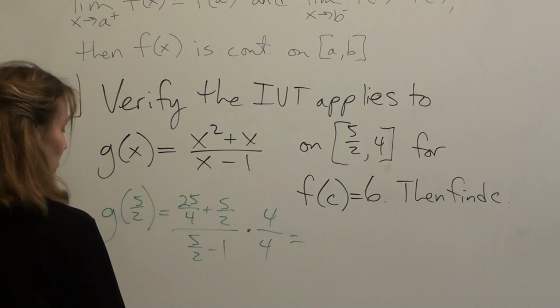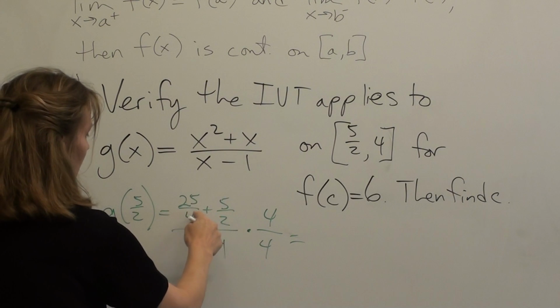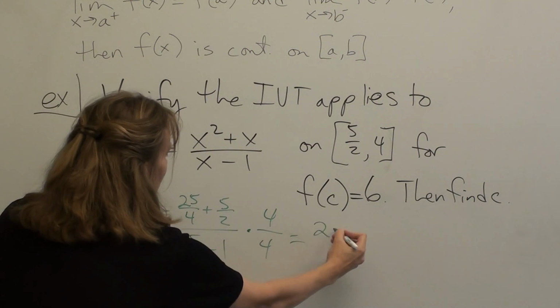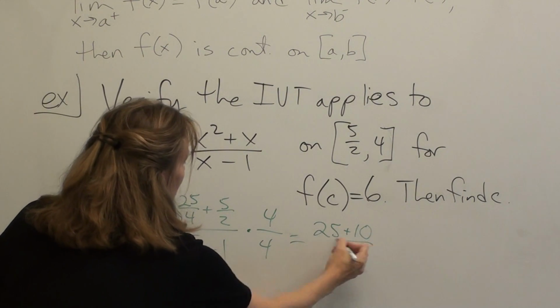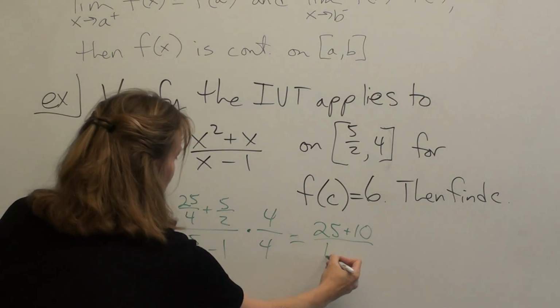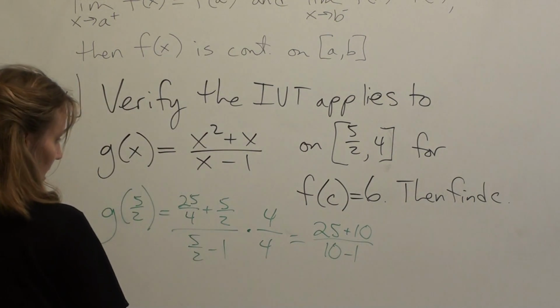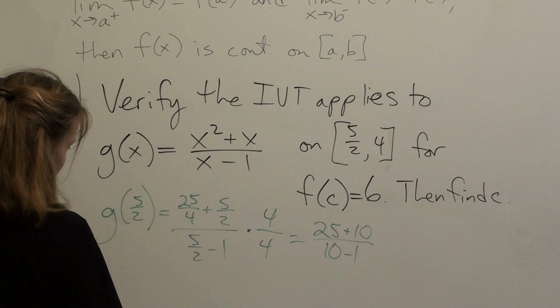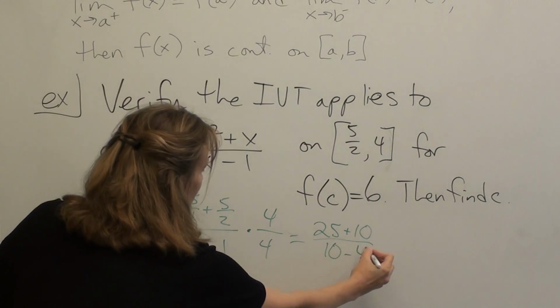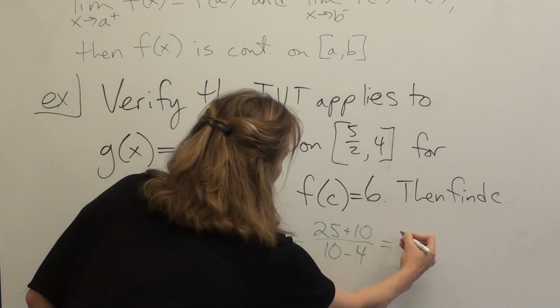And I'm going to get rid of all my fractions within fractions. So what I end up with is 25 plus 10 over 10 minus 4, sorry. So I get 35 over 6.